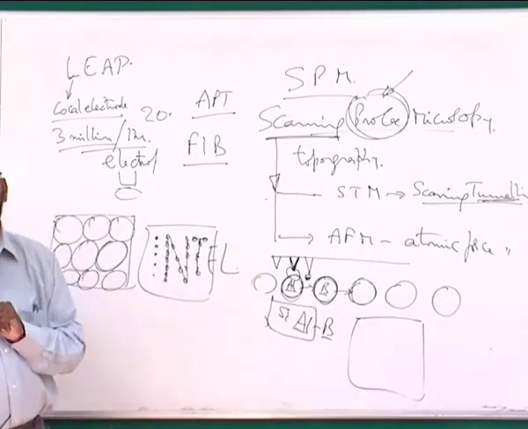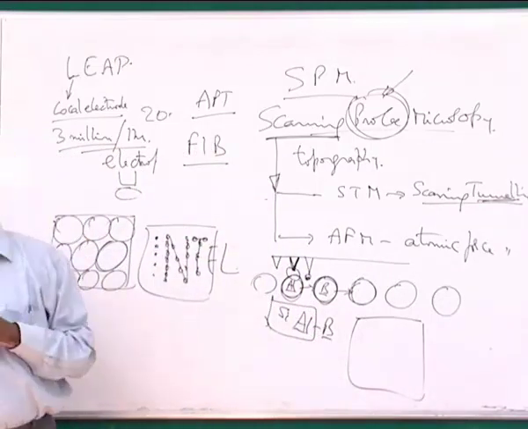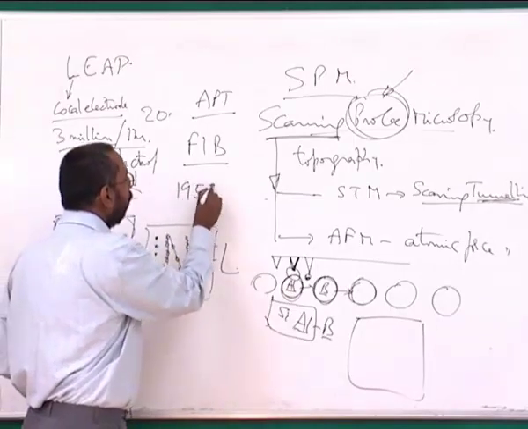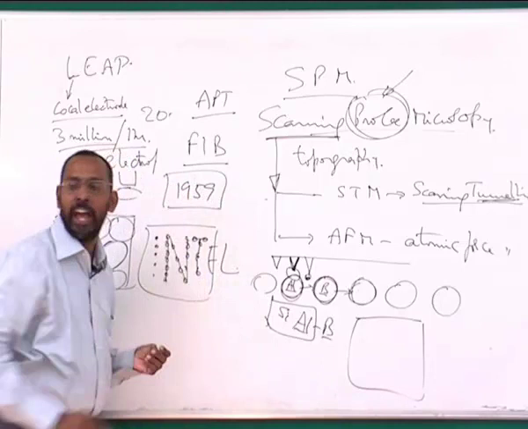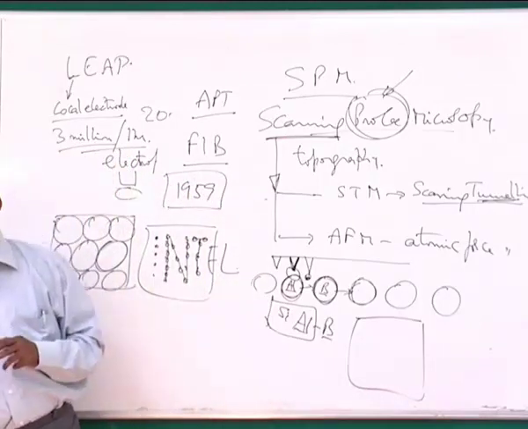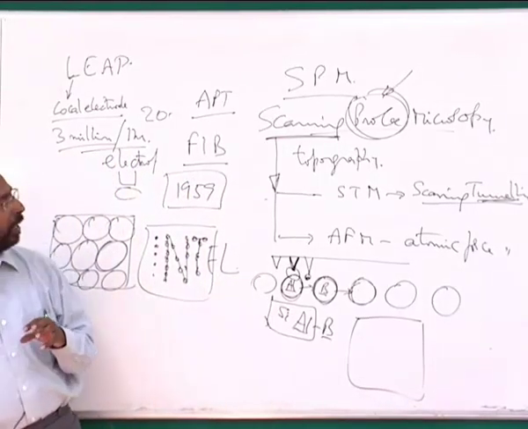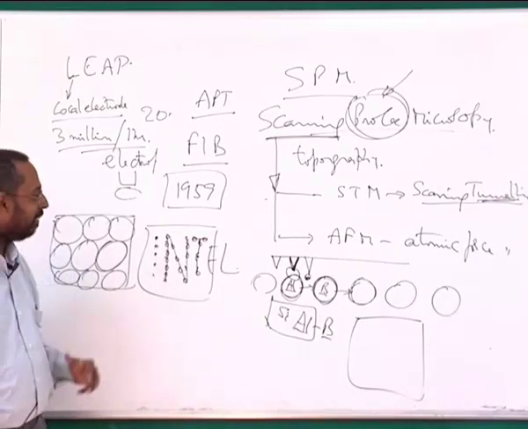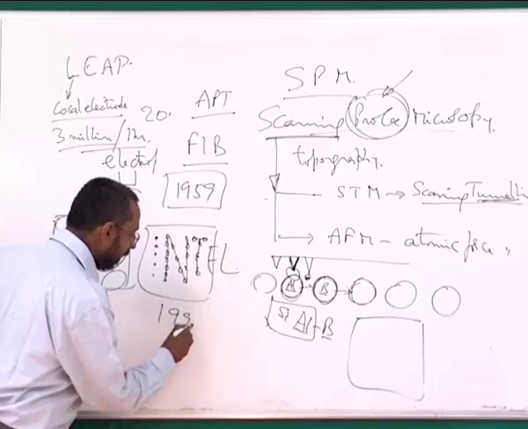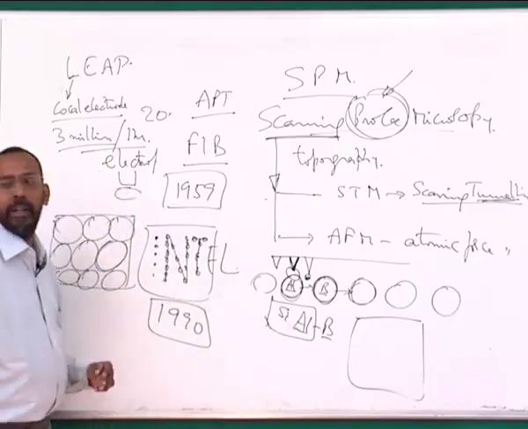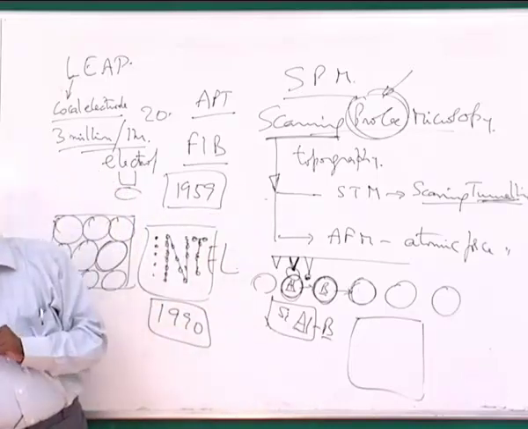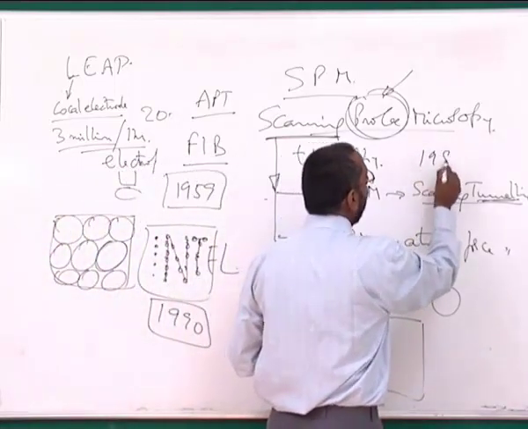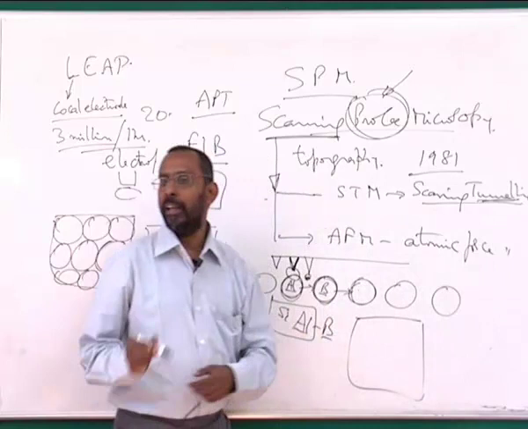In fact, if you remember, long back when Feynman gave his lecture in 1959, he said, I should be able to manipulate atoms the way I want. That was one of his famous statements, that I should be not only able to see the atoms, but be able to manipulate them. And this was done for the first time in 1990 using scanning tunneling microscopy. And possibly you are aware that the scanning tunneling microscope was invented in 1981.